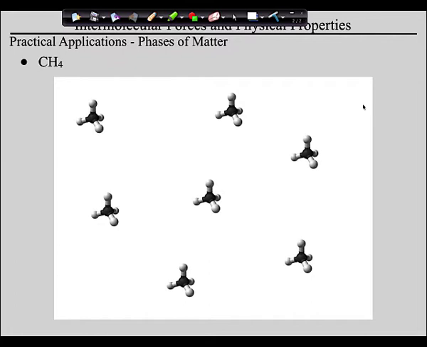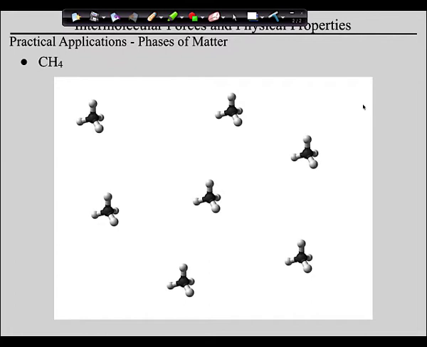And because they're nonpolar, they don't exhibit intermolecular forces. And because they don't exhibit intermolecular forces, they all spread out in what phase? A gas. And guys, that is true of all nonpolar molecules. All nonpolar molecules are gases. Why are they gases? Because they don't have intermolecular forces and they don't stick together.